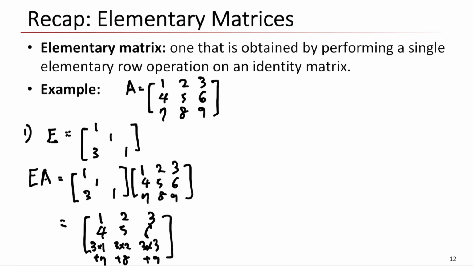Why? Because this value is this row times this column, and this value is this row times this column. So when you see the last row, it means that R3 is replaced by the original R3 plus 3 times R1, right?